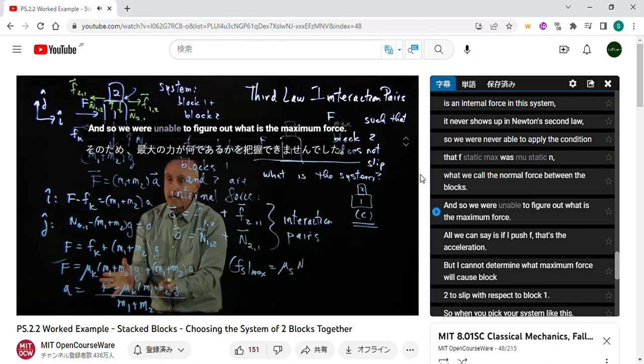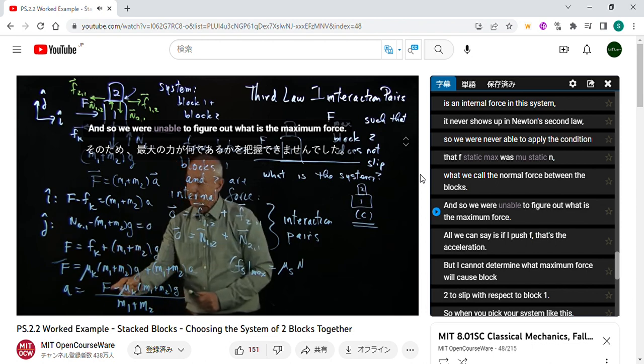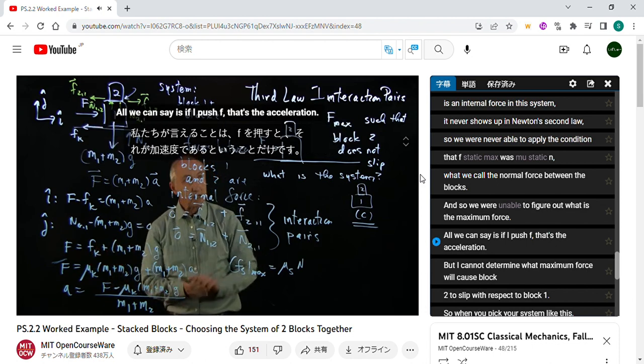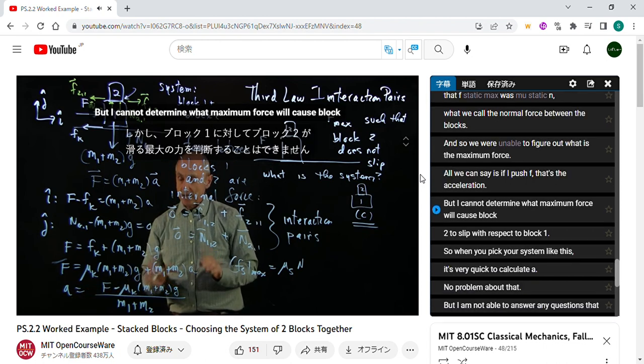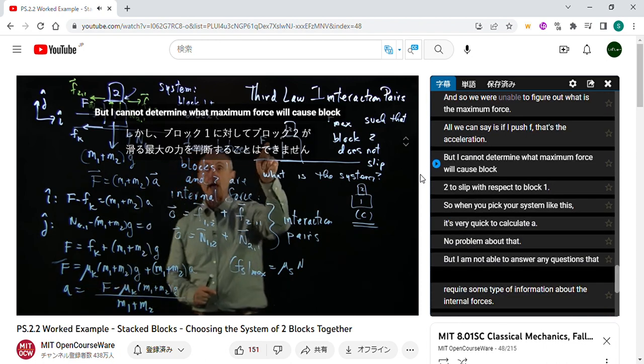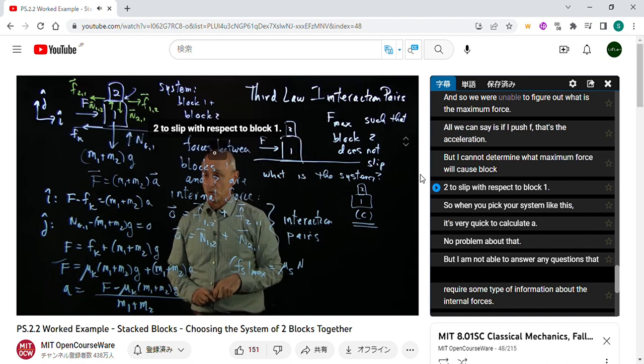And so we were unable to figure out what is the maximum force. All we can say is if I push with force F, that's the acceleration. But I cannot determine what maximum force will cause block 2 to slip with respect to block 1.